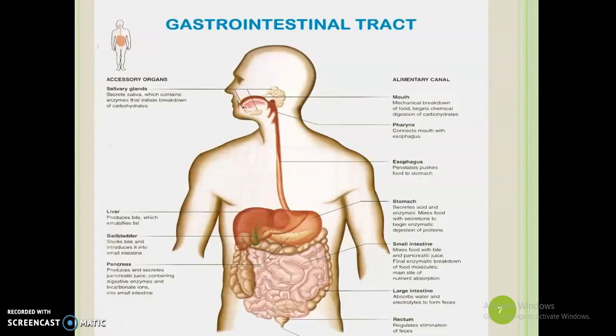In brief, this is the diagram of the gastrointestinal tract. You can see the mouth, which has different salivary glands, then the pharynx, esophagus, stomach, liver, gallbladder, pancreas, small intestine, large intestine, rectum, and the anus.